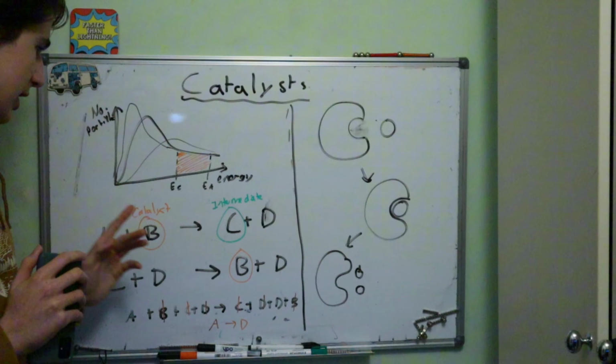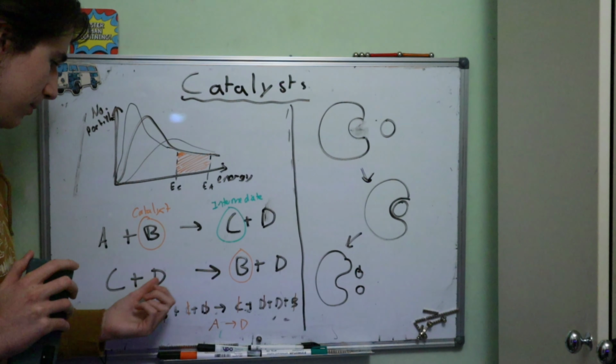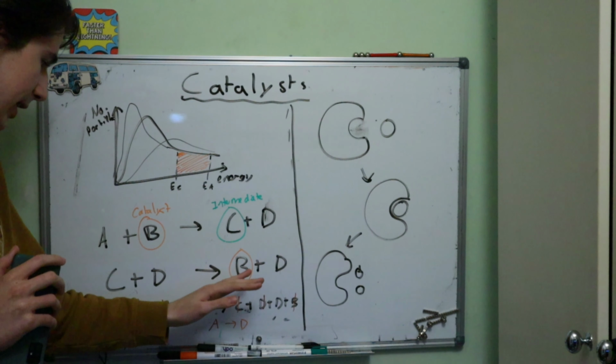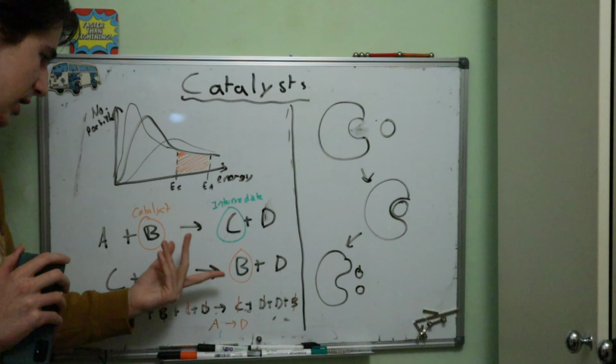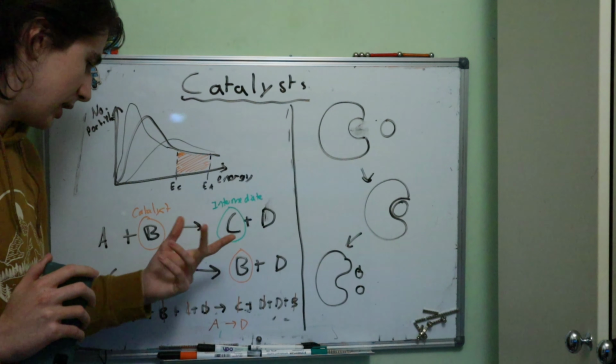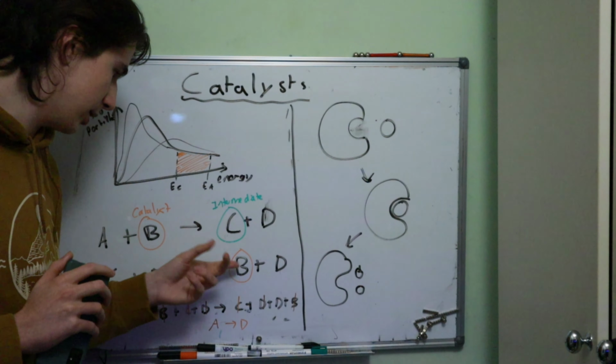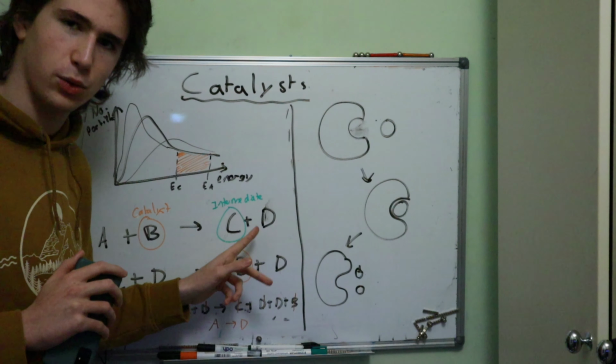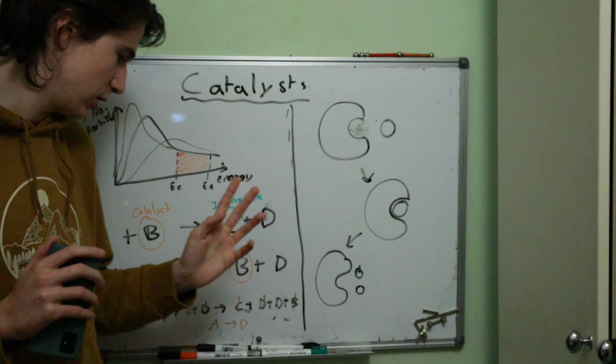So you've got this intermediate, and then this intermediate will be used up again, and this time the catalyst will come back and the product will stay. So the catalyst has been regenerated and the product is there, and this has all lowered the activation energy, and this is good.